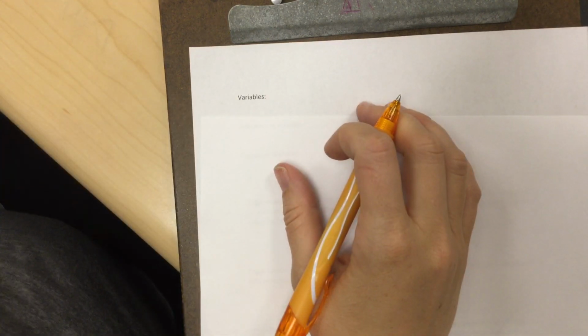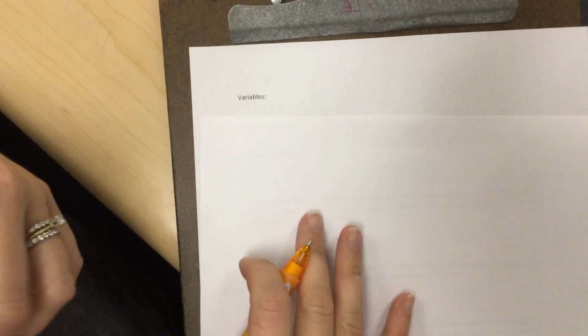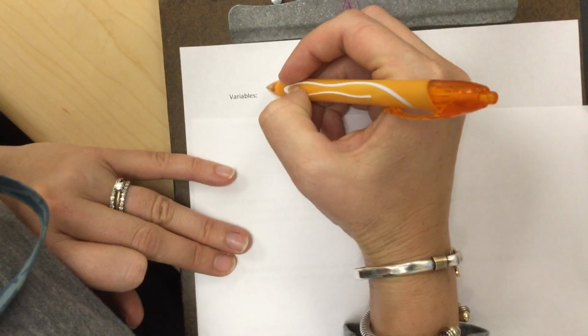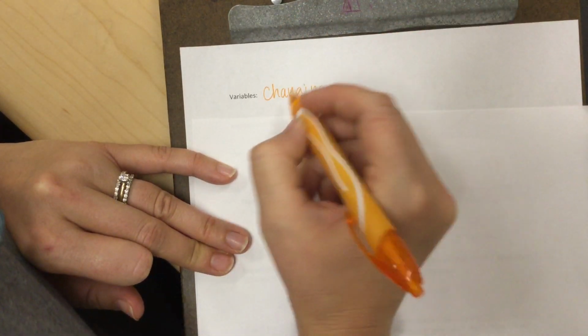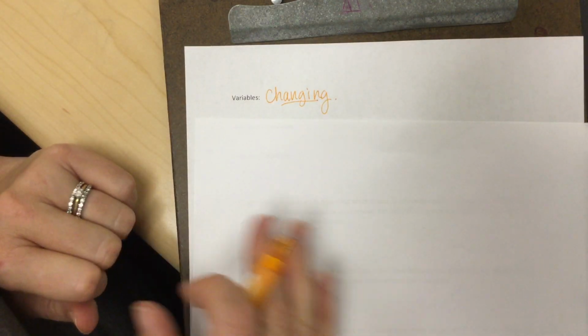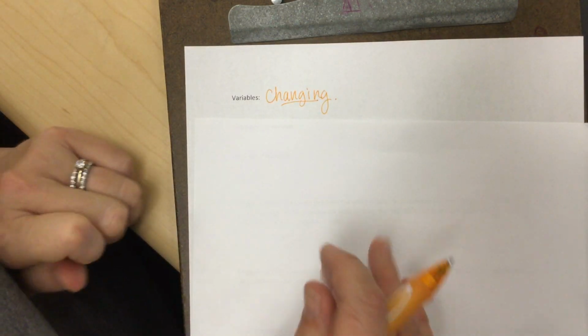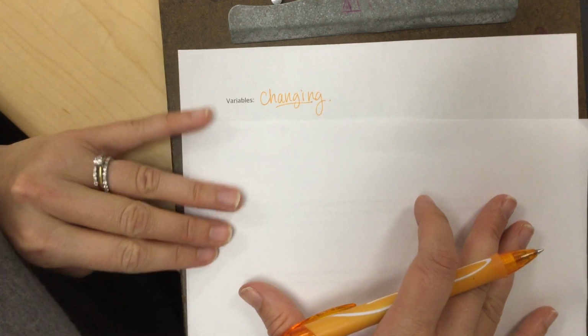Okay, so this is just a video to review variables with you. I know that you know from science and math class in years past that variables are the things that are changing. Okay, and because they're changing, often in math, they're not represented by a number, but a letter.